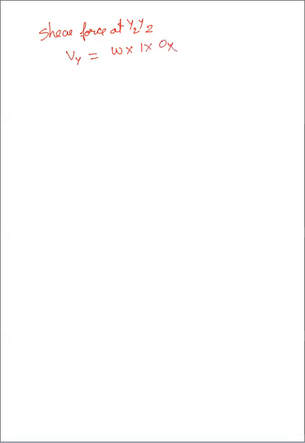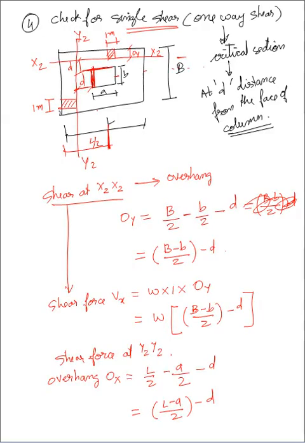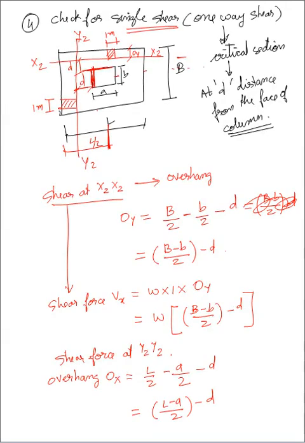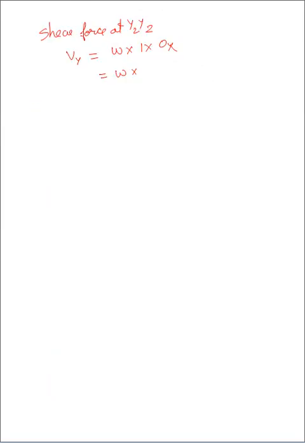We have represented it as OX, right? So it will be w multiplied by 1 into OX. What was OX? It was L by 2 minus a by 2 minus d. Okay, same thing we have to write down here. w multiplied by L by 2 minus a by 2 minus d.